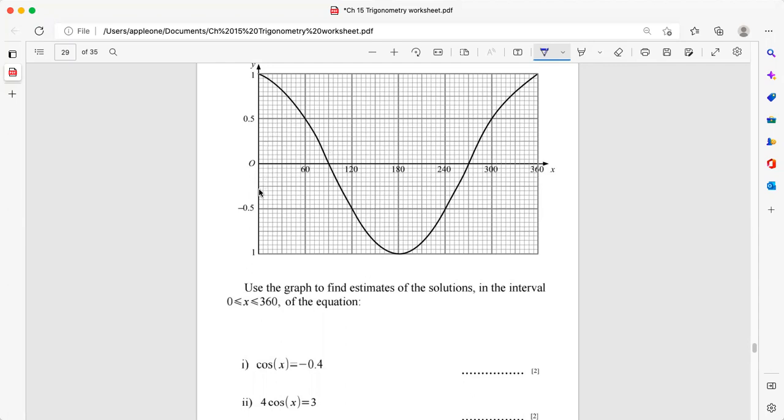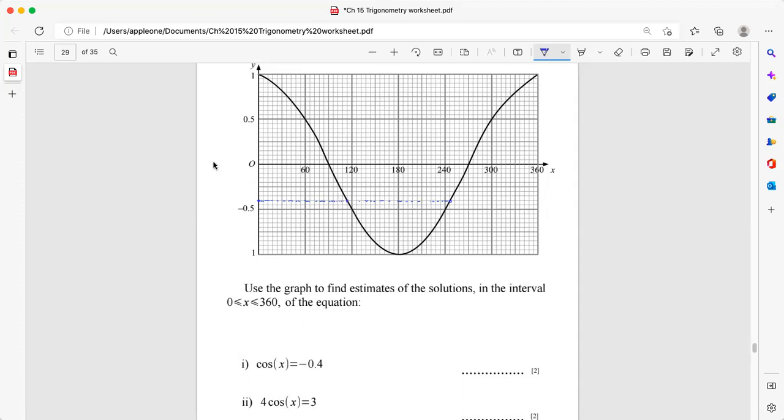So minus 0.4 is somewhere here. Go with this line towards the curve, and see the line touches the curve at 2 points, here and here.